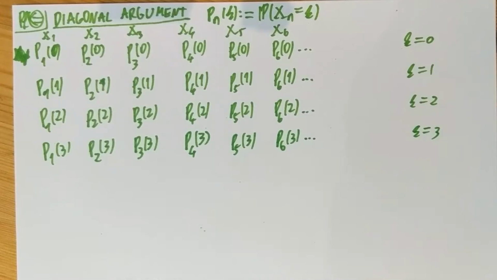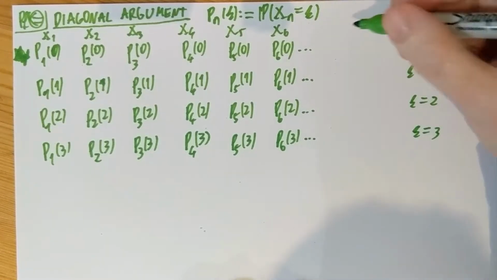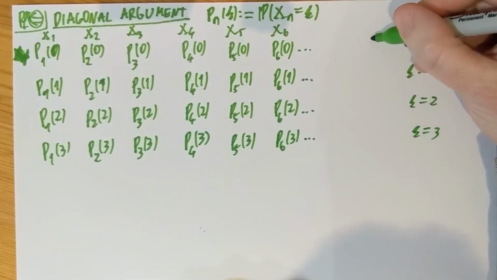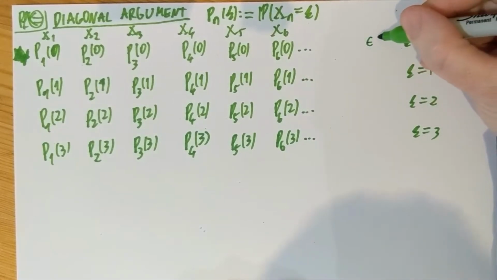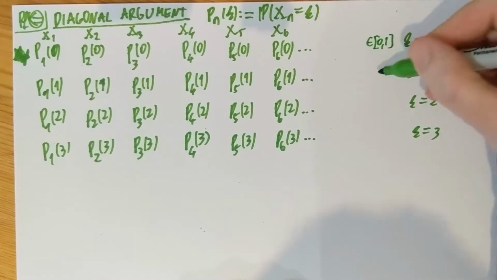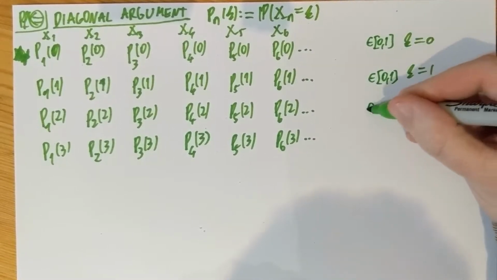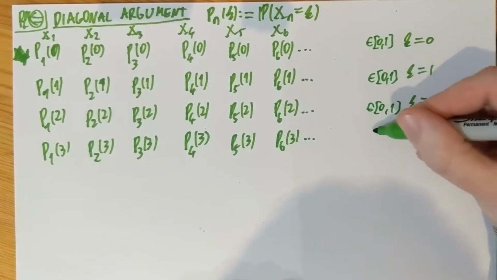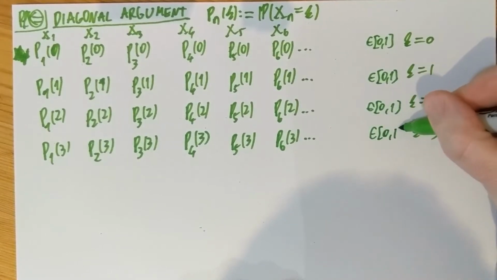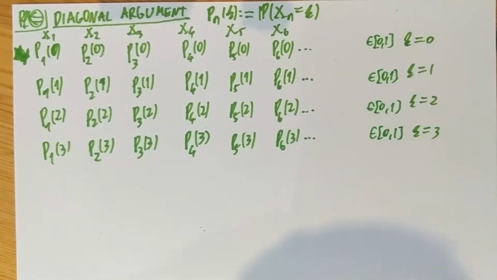Okay, so now these numbers are all between 0 and 1, right? These are all probabilities. These are the mass function values. So they are all in [0, 1]. Any sequence in [0, 1] will have a convergent subsequence.